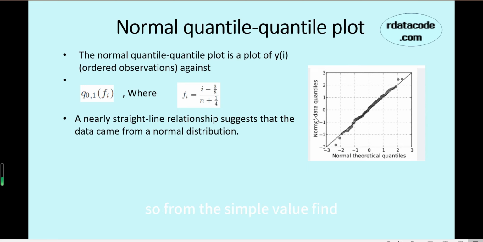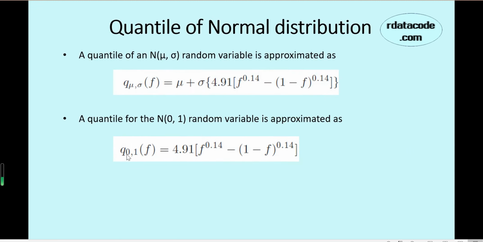From the sample values, find a fraction for each value from its order of observation: this is second, that is third, that is fourth, and so on, from lowest to highest. Then this fraction can be used to get the quantile value from a standard normal distribution using this formula.